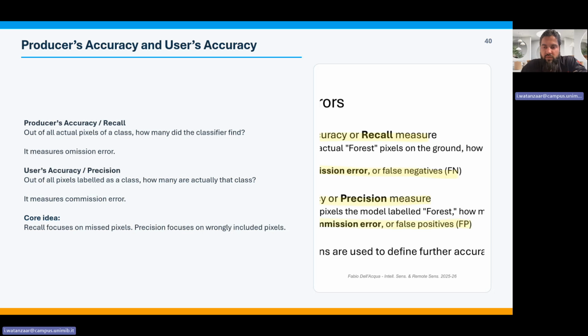Now this is commission. From the word commission you can understand we are including pixels that don't belong, so we are failing here. So it measures the commission error: out of all pixels labeled as a class, how many actually belong to that class.